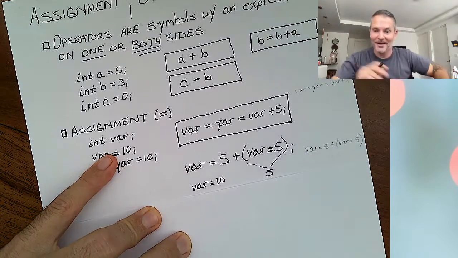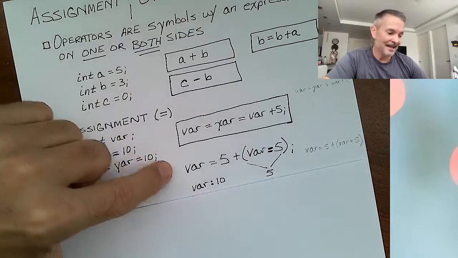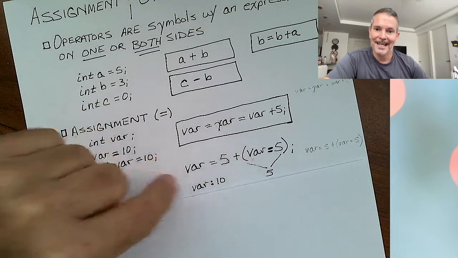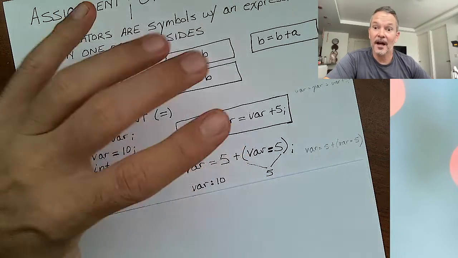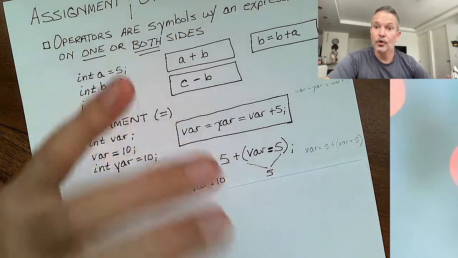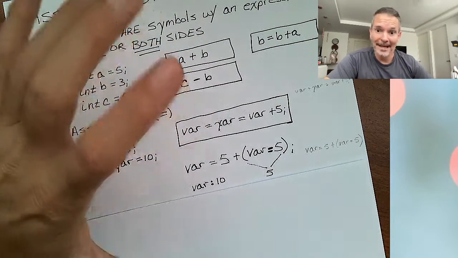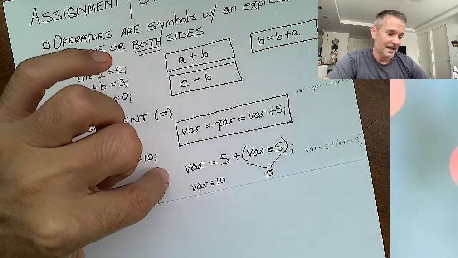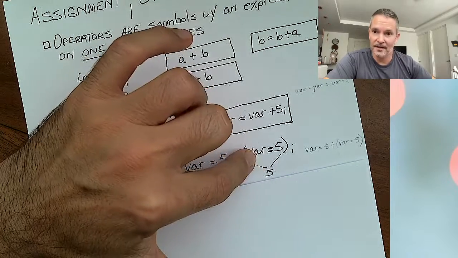maybe. So as it turns out, in the C language, this behavior is not defined by the language. So whoever wrote the compiler might decide to evaluate this first and then evaluate this.